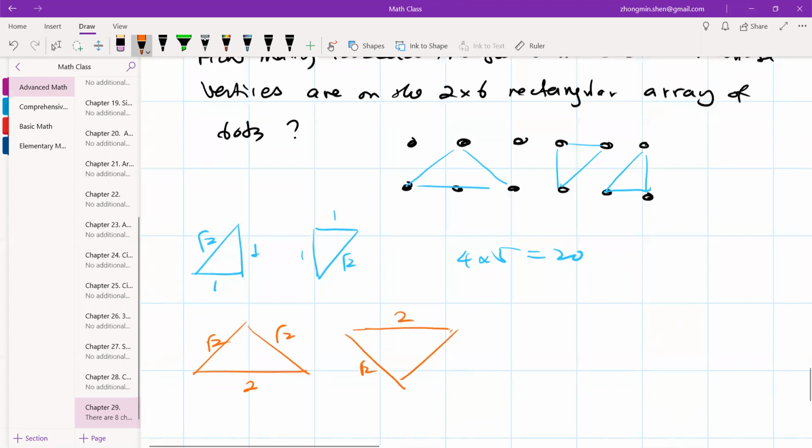It's 2, square root 2, square root 2. So you have 1, 2, 3, 4. 4 times 2, you get 8.